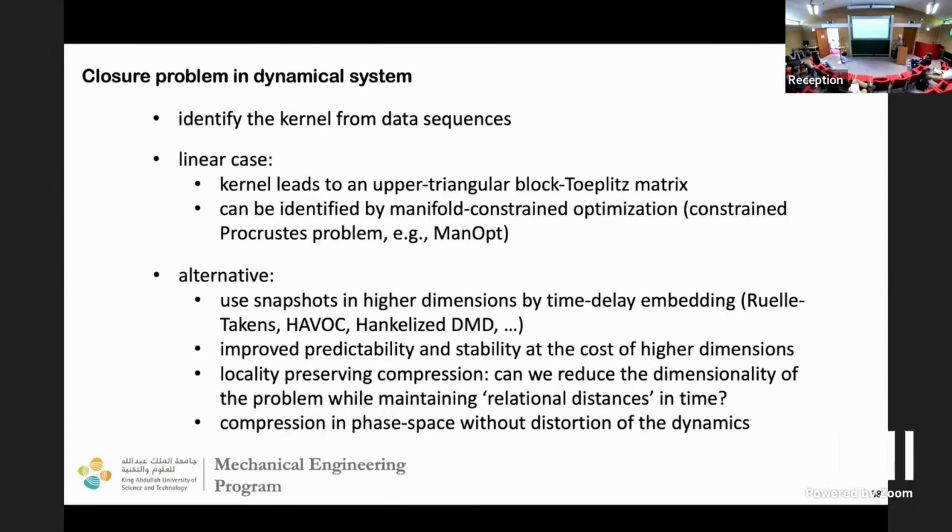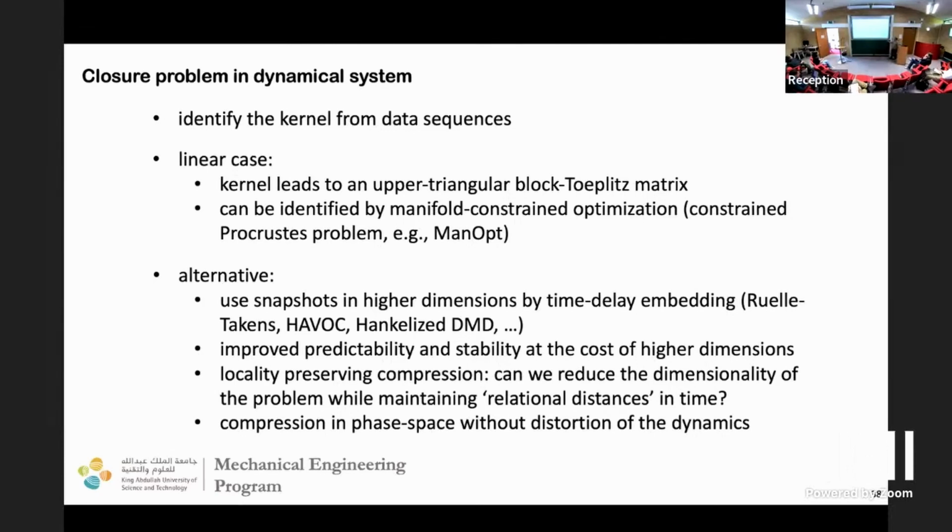You only optimize over that group of matrices. And that can be done nicely with ManOpt, I think it's a MATLAB library, from Sepulchre in the engineering department here. This is the linear case.